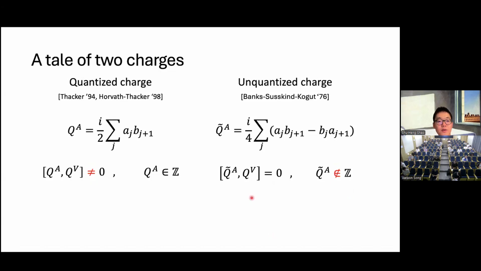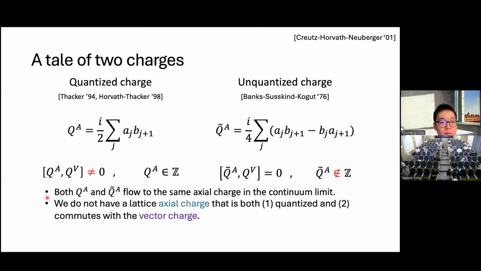And it's not a coincidence that we couldn't find a charge that has integer eigenvalues and commutes with the vector charge. There are various no-go theorems stating this. One version of the no-go theorem was clearly spelled out in this recent paper by Nikita and Anton. Roughly, the statement is that you cannot have a left-moving U(1) symmetry that has quantized eigenvalues.